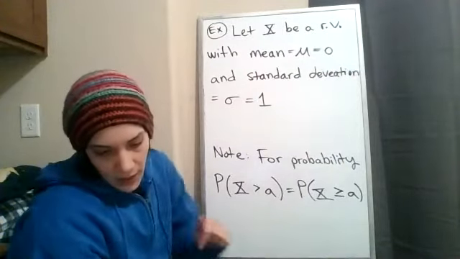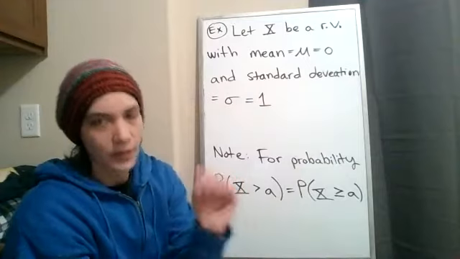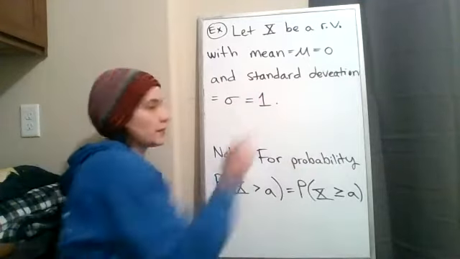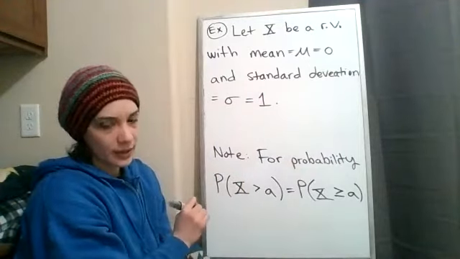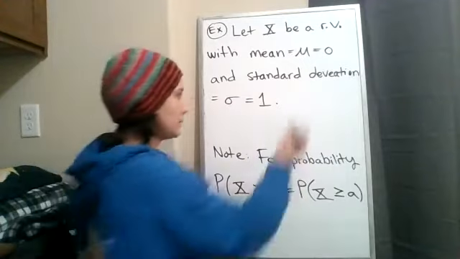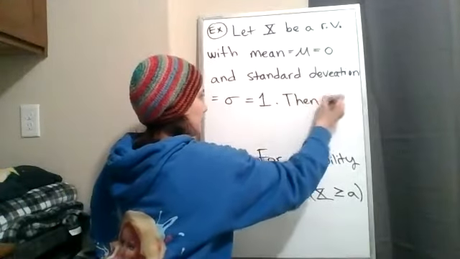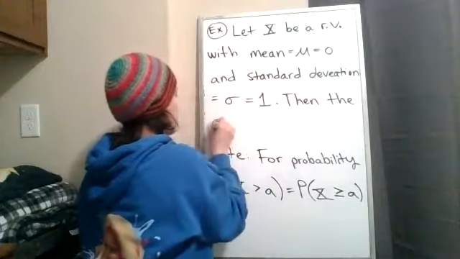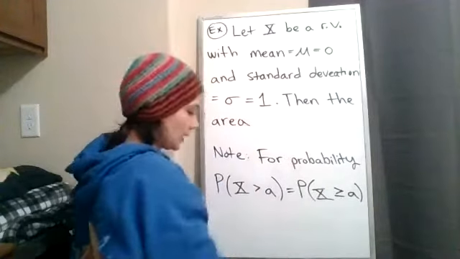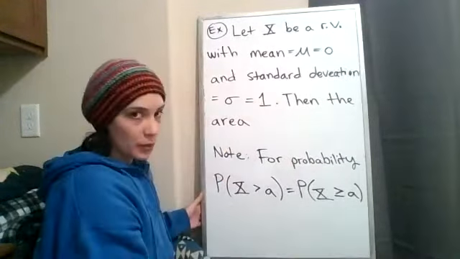Either using a z-table or a calculator, we find the area that's under the normal curve.